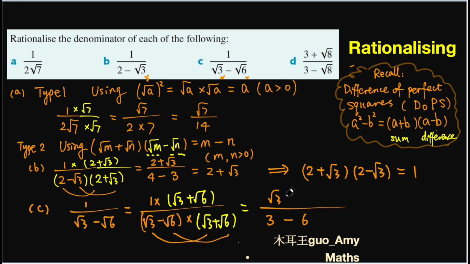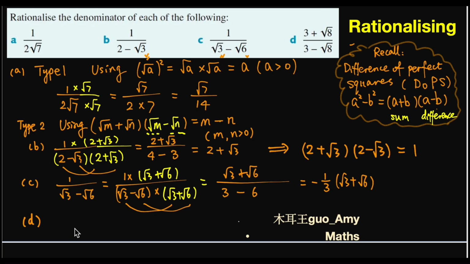And the numerator is root 3 plus root 6, and it will be simplified to negative 1 over 3 and root 3 plus root 6.